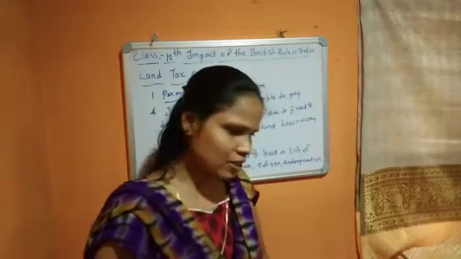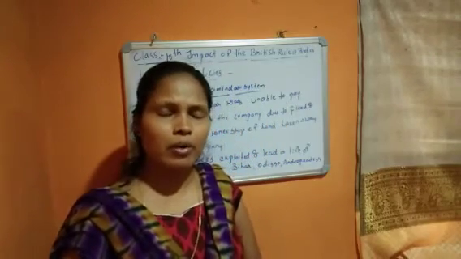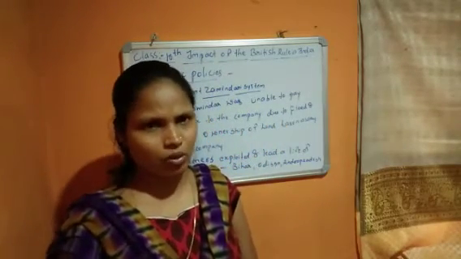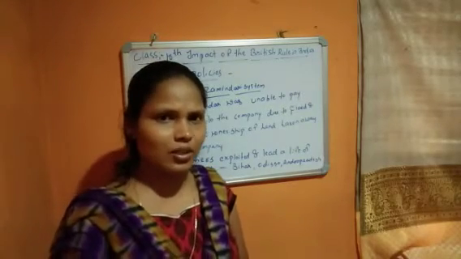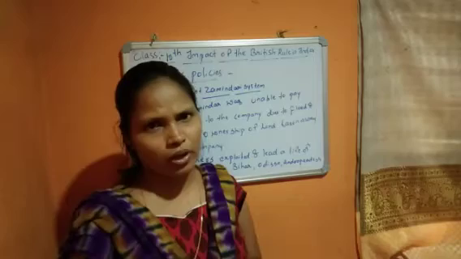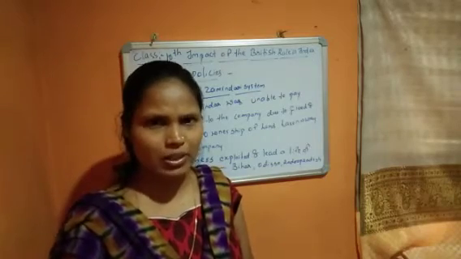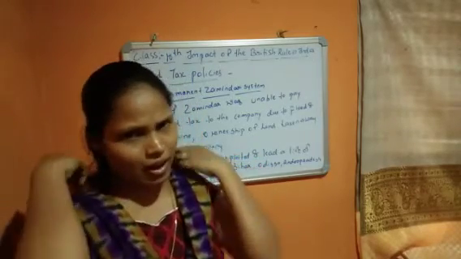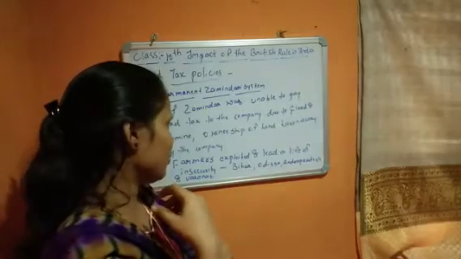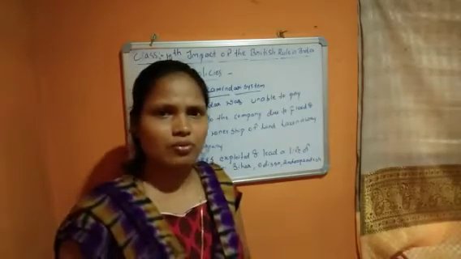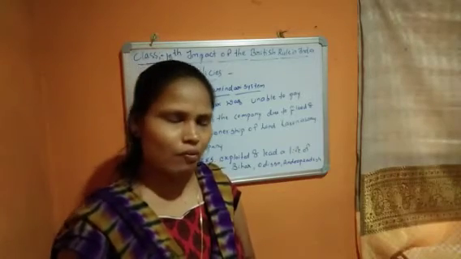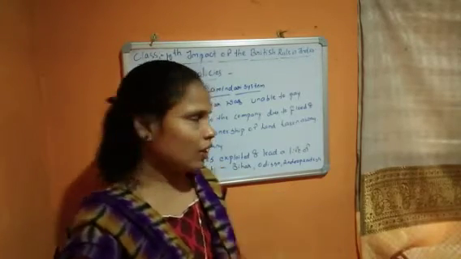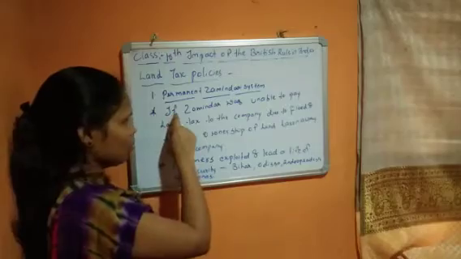This system was called the permanent zamindari system. Second point, under this system, the zamindar became the owner of the land. Then third one, the zamindar was free to collect any amount of tax from the farmers.